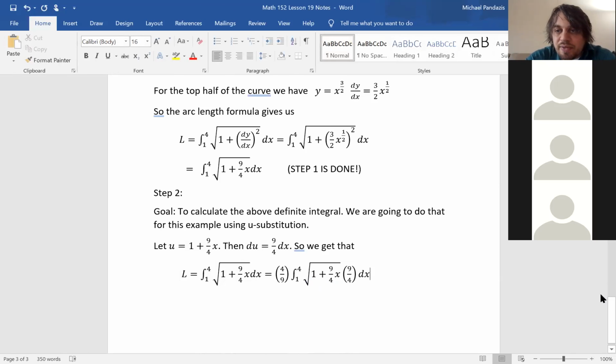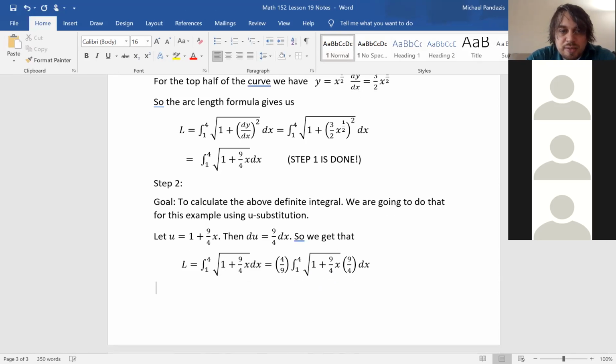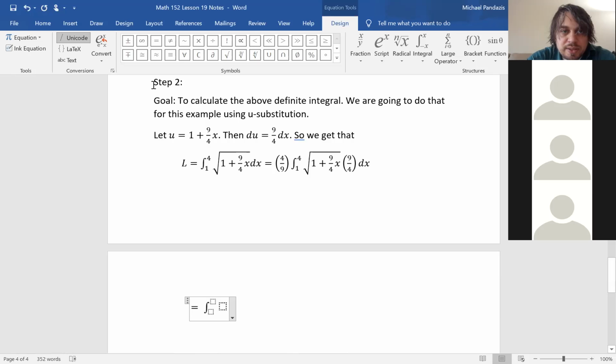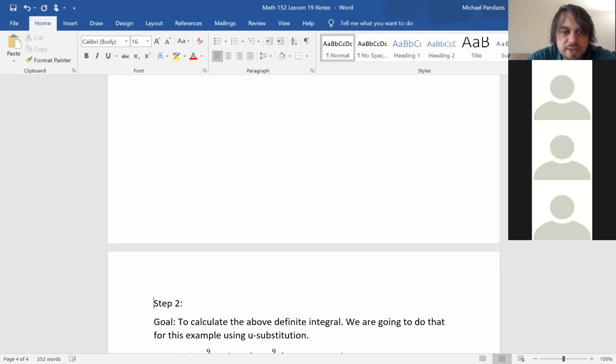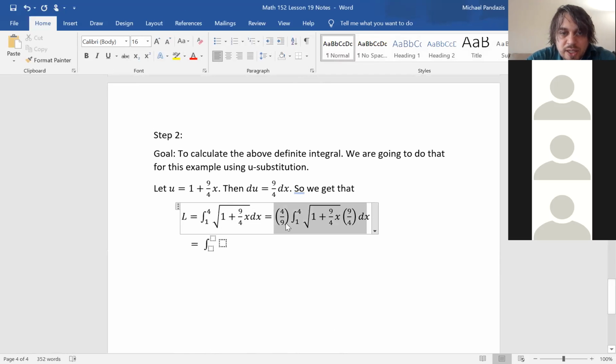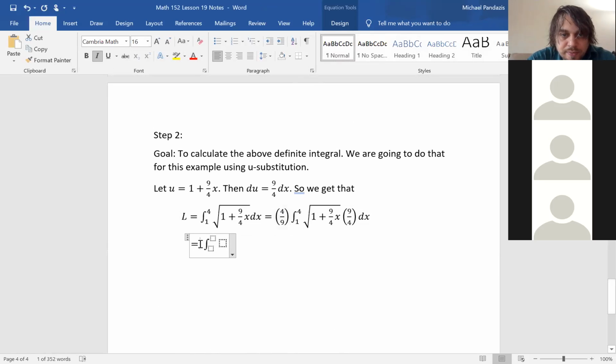Now our differential is ready to be substituted by u. We'll move this whole thing down, step 2, so that it's next to each other. The 4/9 is still in front.